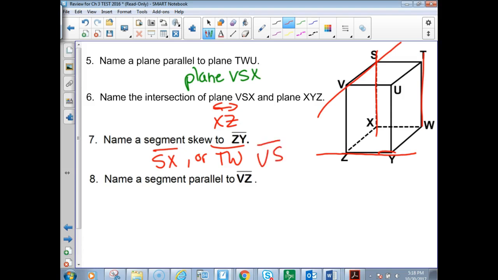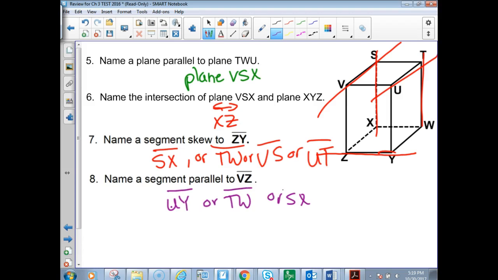VS would be another example, or UT. And a segment parallel to VZ. VZ is going straight up and down. The other sides that do that in the diagram would be UY, for example, or TW, or SX. Those are parallel to VZ.